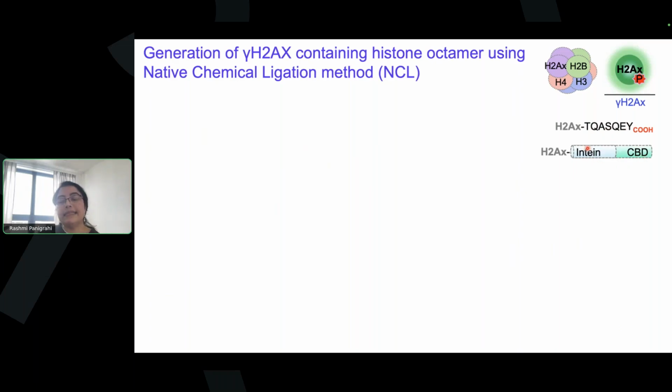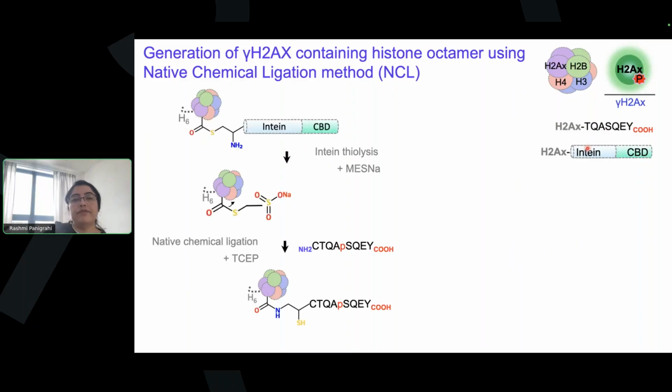Now, intein is a self-splicing protein, and finally what we get is the whole octamer with the truncated tail containing the intein chitin binding sequence. And then intein thiolysis is started by addition of a thiol containing compound, which is called MESNA. And that leads to the formation of a thioester containing tail.